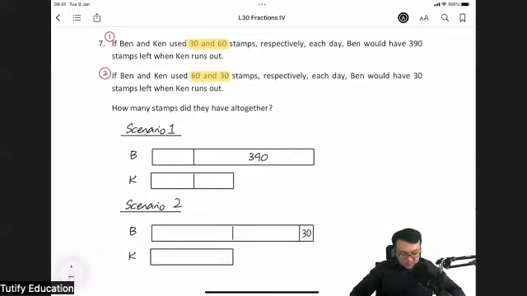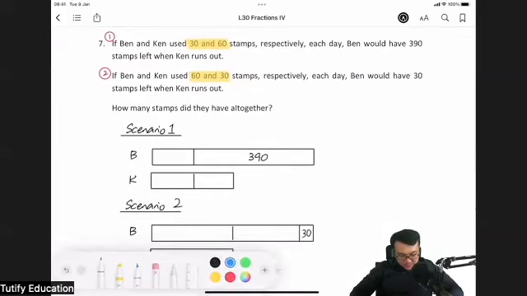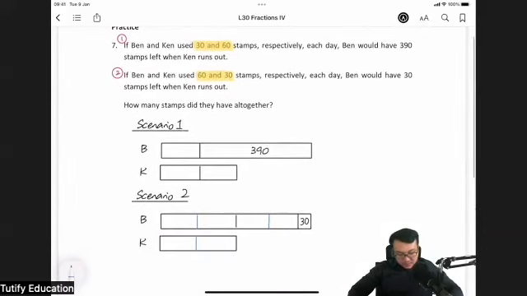So this is 30. All right. So Ben is spending 2 times and Ken is only spending 1 time. So let's divide everything into equal units. Let's take a look.